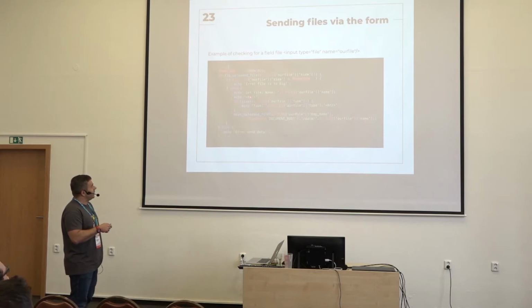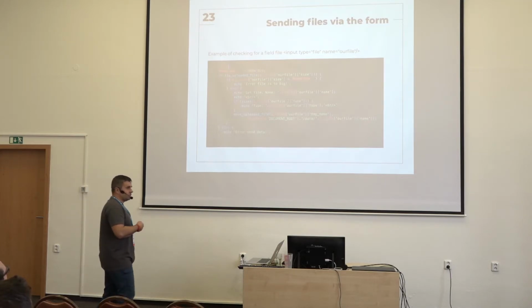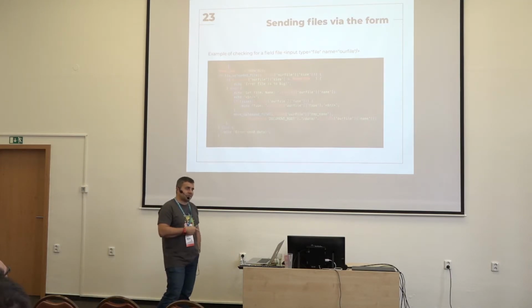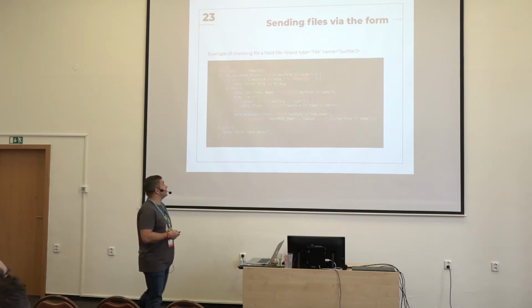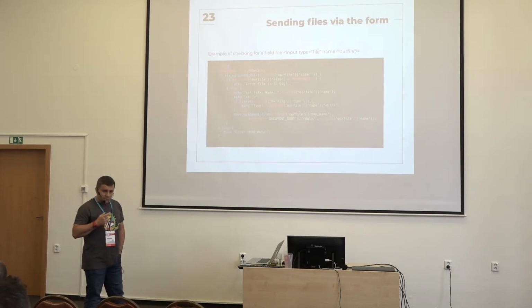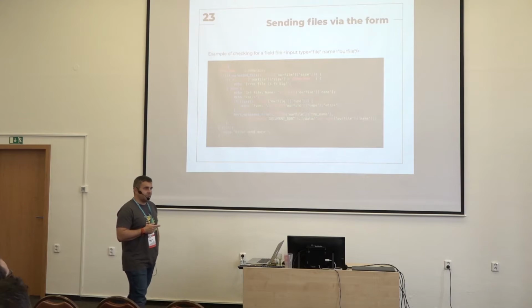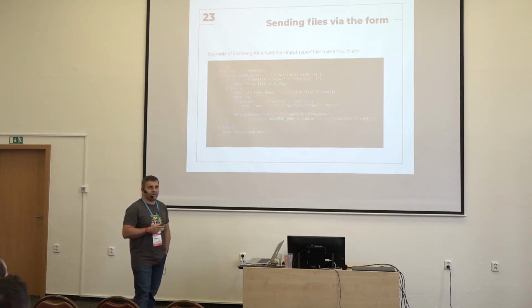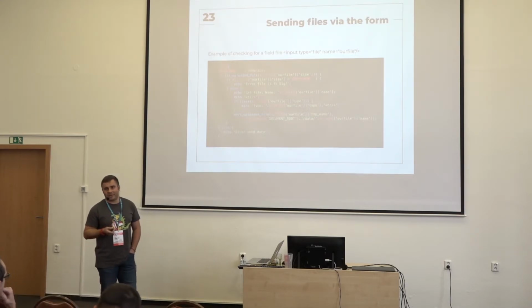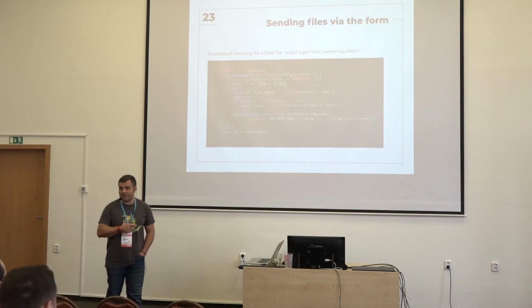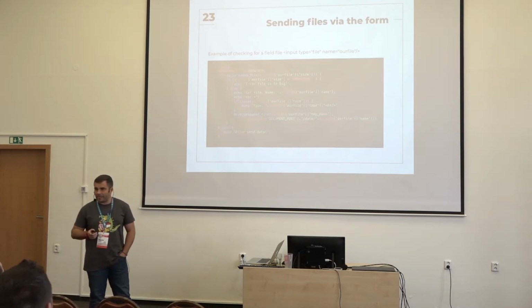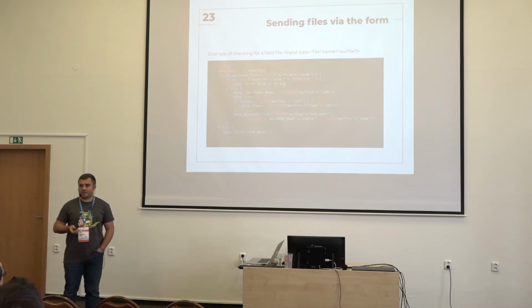If it's okay, then we allow the user to do some other validation and sending methods with our file. So it's very, very important that we should always check everything at the backend, not in the frontend, okay? Frontend is okay, but frontend doesn't give us security.